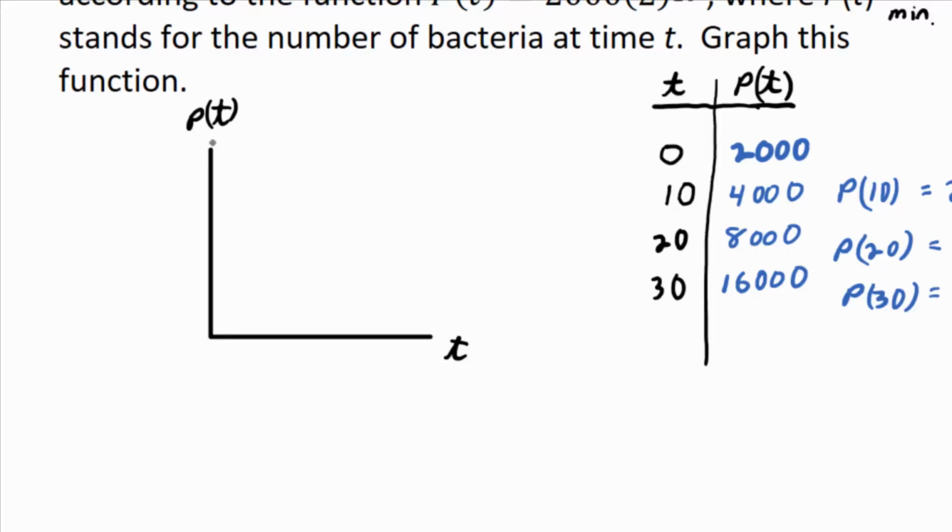And then what would be a good scale to go by on what would be the t-axis? No, for the inputs, just kind of what we went by in the table, right? Yeah, so how about 10, 20, and maybe I should space them out a little bit more. 10, 20, 30.